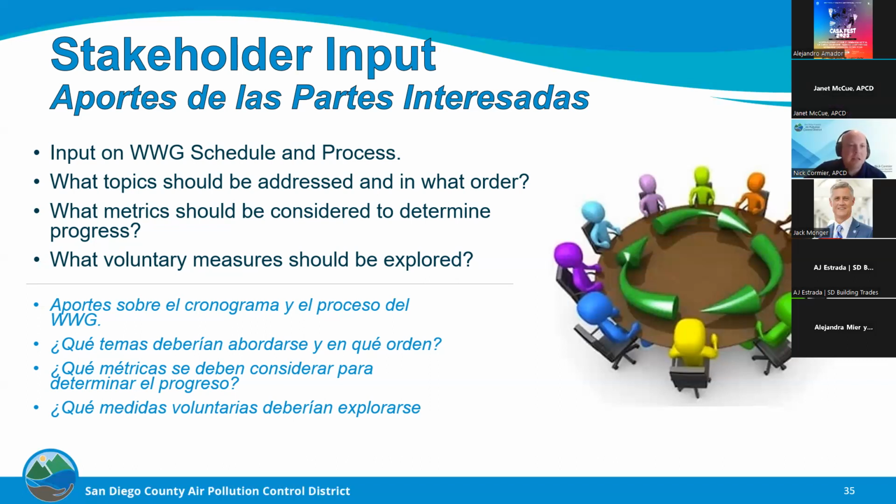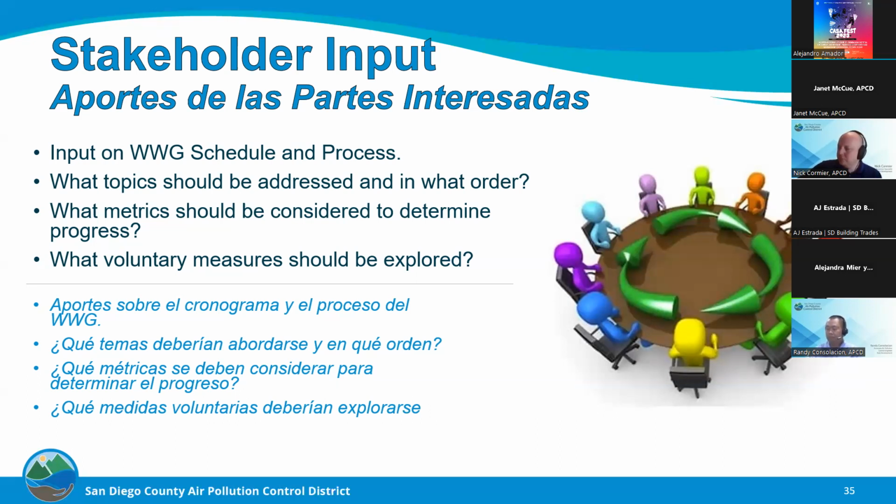I see Alejandro Amador. Yeah, thank you. I just wanted to close off by saying that no matter if the impact might feel small regionally, communities like mine, San Isidro and Otay Mesa, will see a change. So let's not disregard the impact that this rule could have in specific communities.